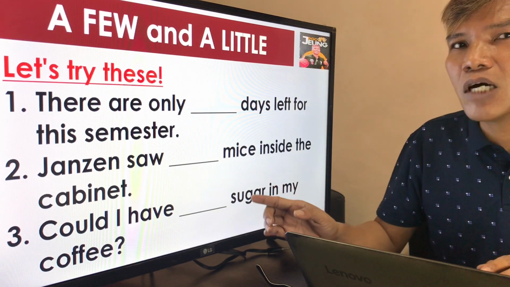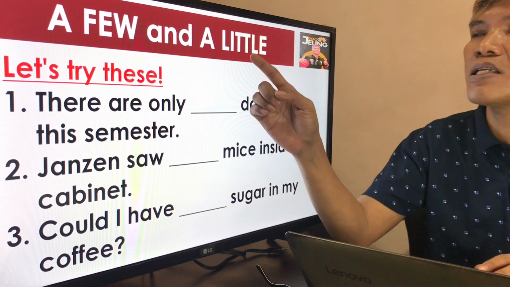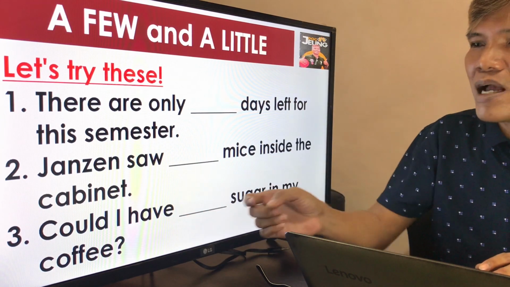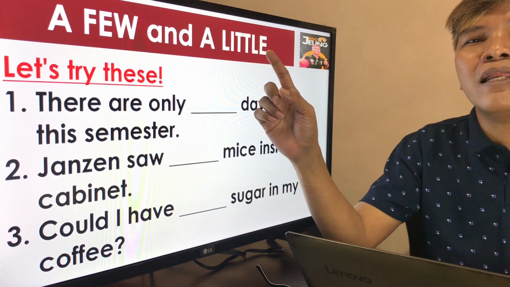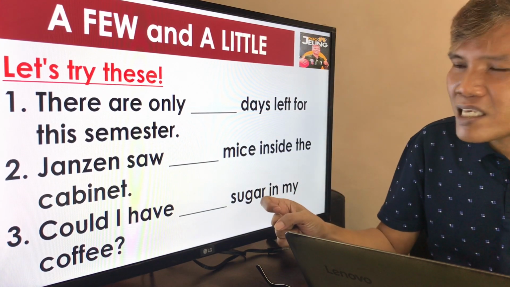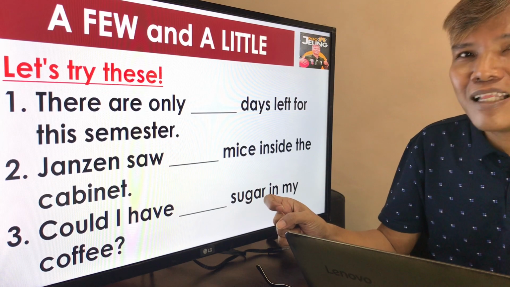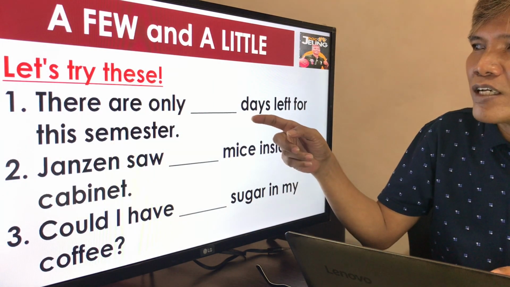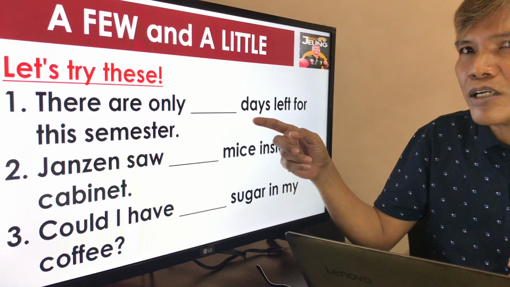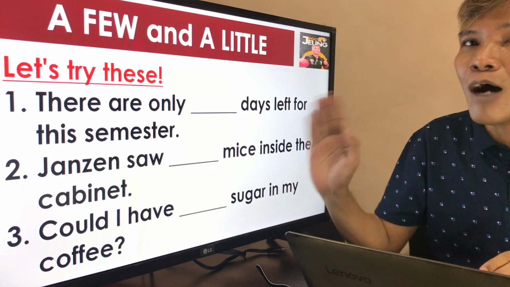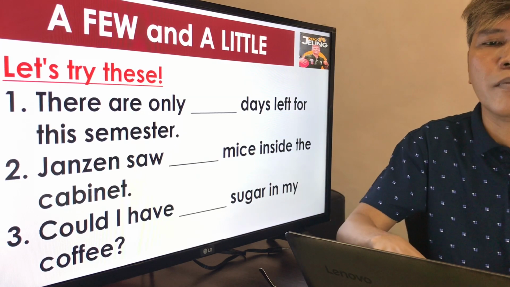So, uncountable, therefore we will use a little. Could I have a little sugar in my coffee? So, a little, again, is used if the noun is uncountable and singular, while a few is used if the nouns after it are plural and countable.